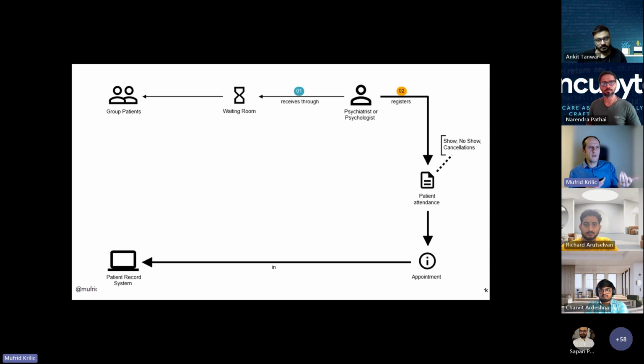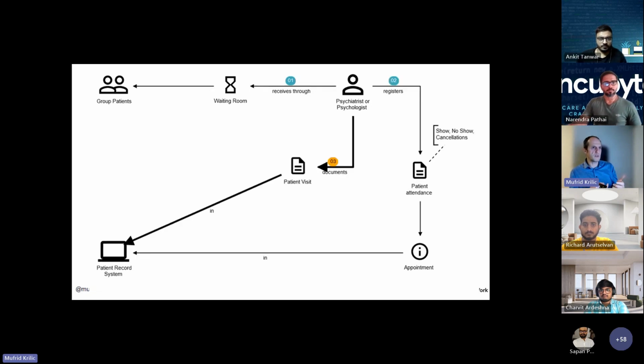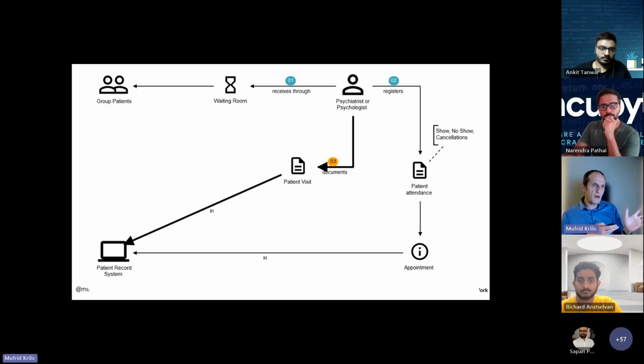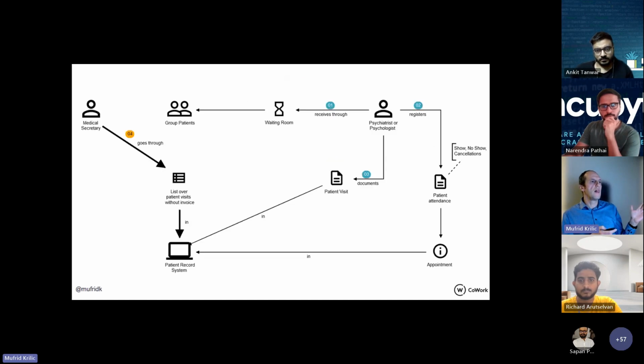And the psychiatrist will himself or herself register show, no-show or cancellations of the appointment in the patient record system and document the patient visit. So we have a more active role on the clinical side compared to the rehabilitation center, the first case.